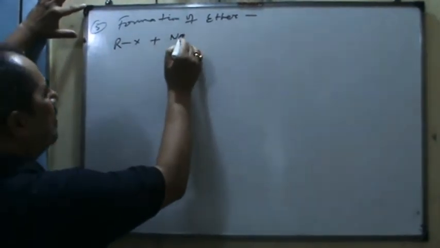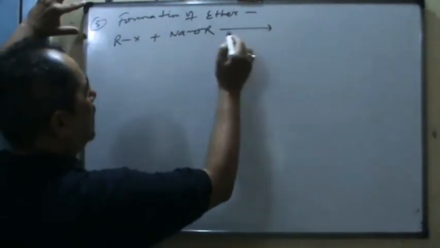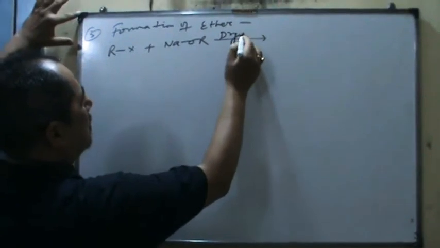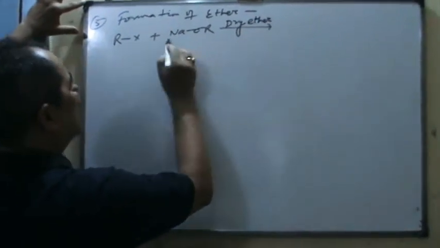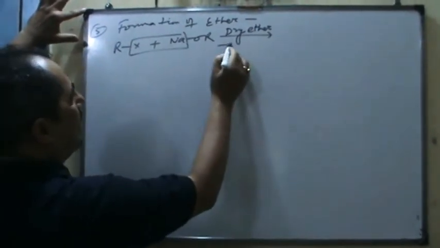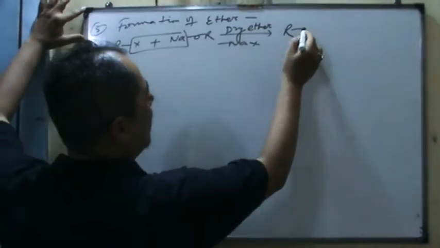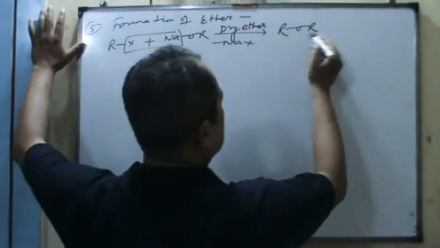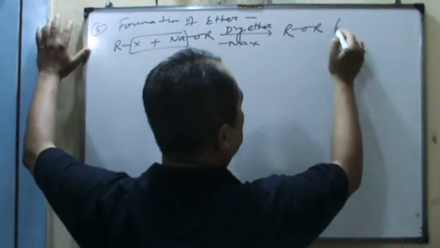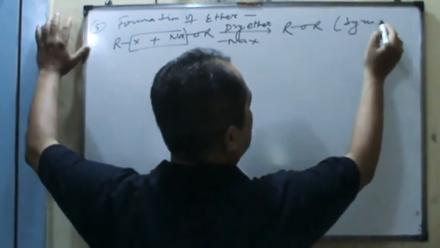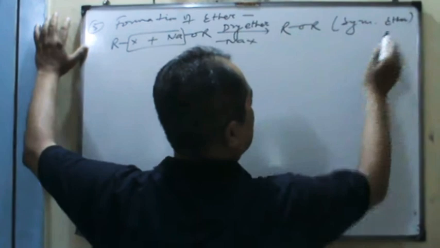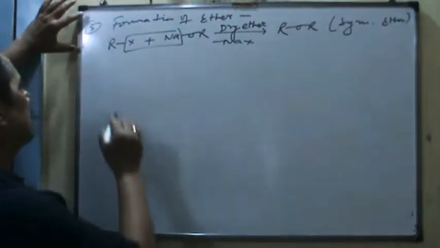See, RX, alkyl halide, sodium alkoxide in presence of dry ether. NaX is lost, ROR. Once you take the same kind of alkyl groups, what kind of ether? Symmetrical ether. I have told you in the previous class.